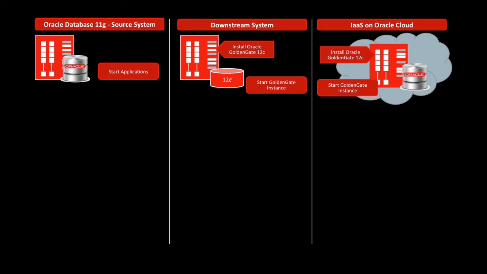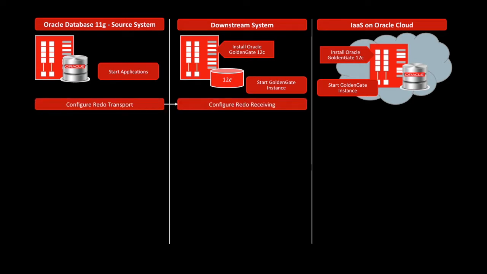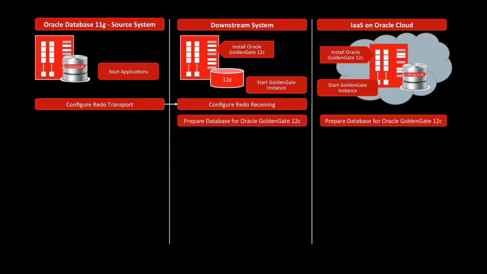Then we configure the redo transport on the source and the redo receiving on the downstream system. Once this is done, we will prepare the source and downstream database for GoldenGate 12c through parameter setting. Then we will deploy the Oracle GoldenGate integrated extract in the downstream and verify the trails are shipped successfully.